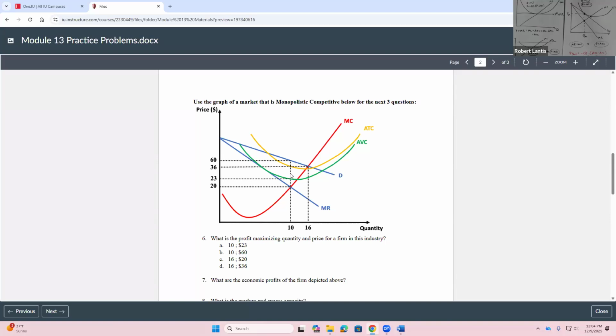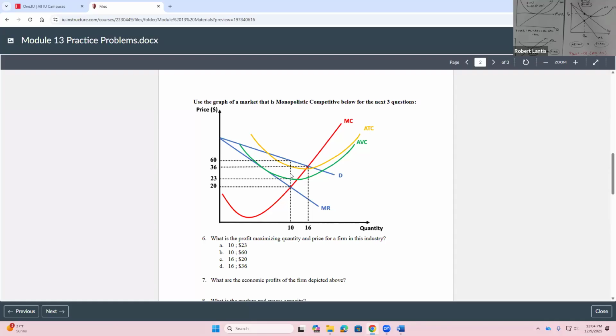So if the price was 30 at that quantity of 10, should I stay open or shut down? Well, that price would be below average total cost of 36, so negative profits, but it would be above my average variable cost of 23, so even though my profits are negative, I should stay open.